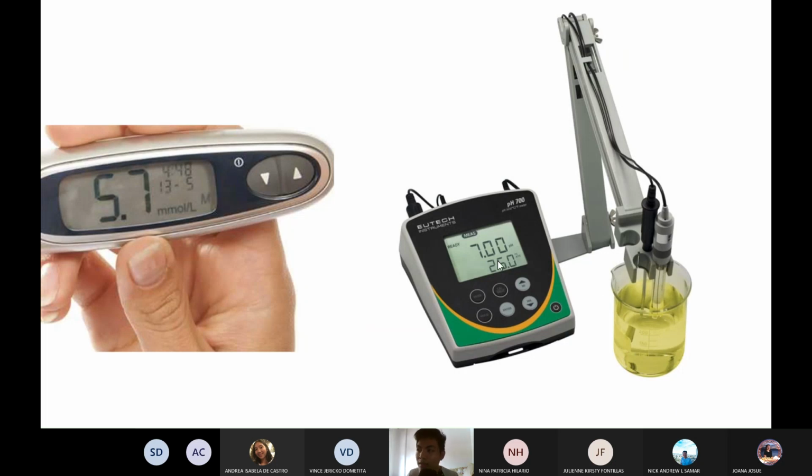And then makikita natin that we have a pH value for that. What is pH, 'di ba? pH tells you the concentration of H. So paano niya nalalaman yung concentration ng H in our solution? By just inserting the probe.